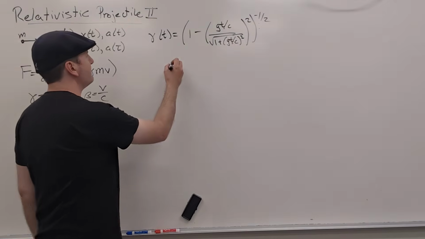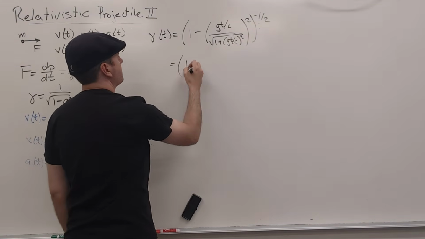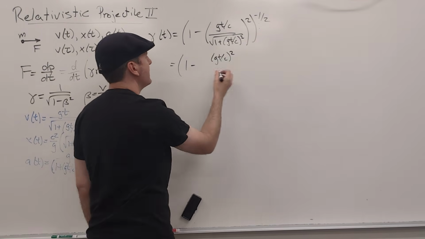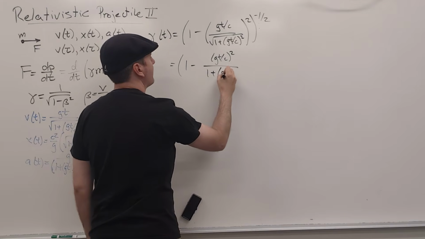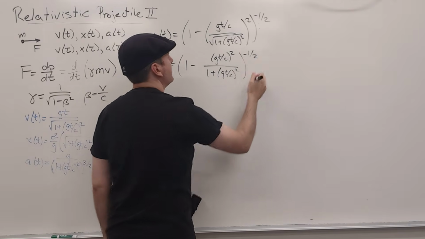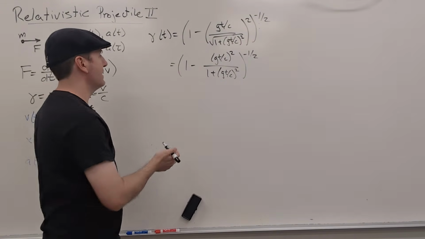Let's clean this up a bit. First thing is, let's square this, so that's going to be kind of nicer. We get our gt over c. That quantity shows up quite a bit here. And then kind of unsurprisingly, it looks like this is going to clean up nicely with a common denominator.